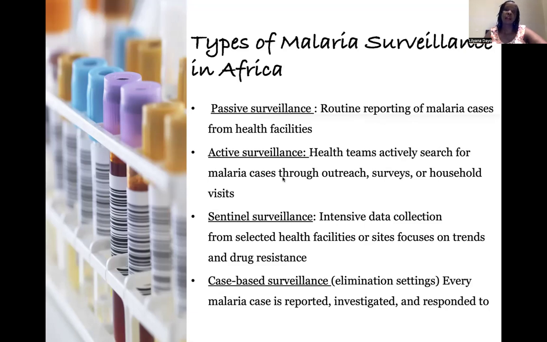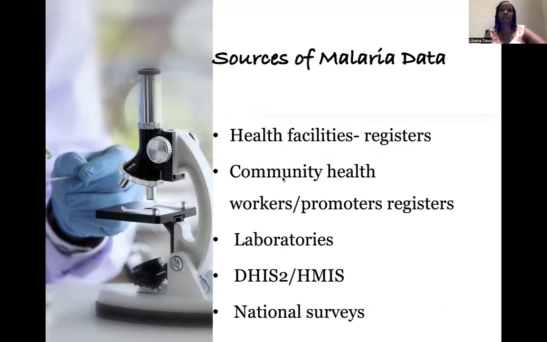We also can have sentinel surveillance, where intensive data collection from selected sites is used to make decisions on whether, for instance, we could be having drug resistance of some of the malaria commodities. We also can have the case-based surveillance, which is common in elimination settings, and every malaria case is reported, investigated, and responded to as soon as possible.